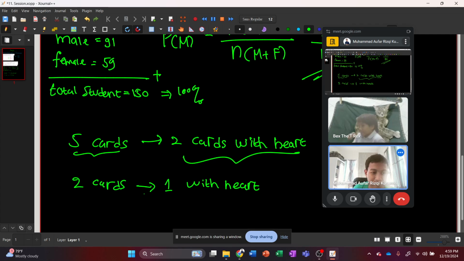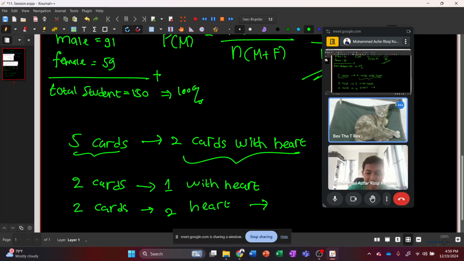That's why we do it like that. For example, if I have two cards with two hearts, what is the probability of finding hearts in this stack? It's 100%.